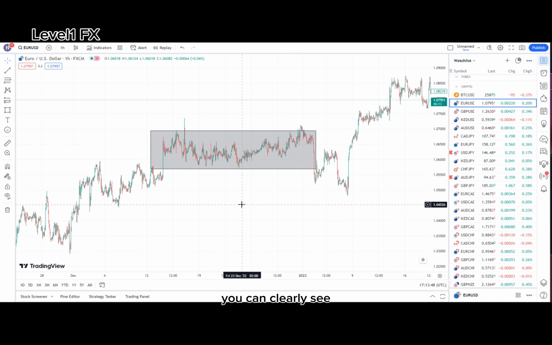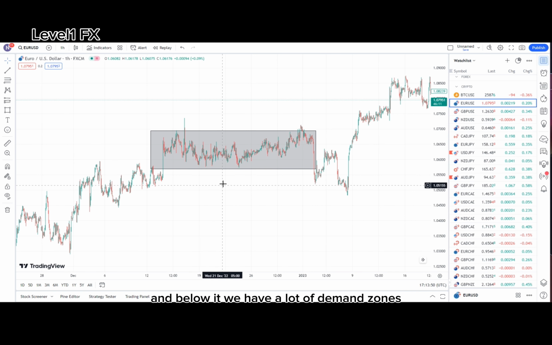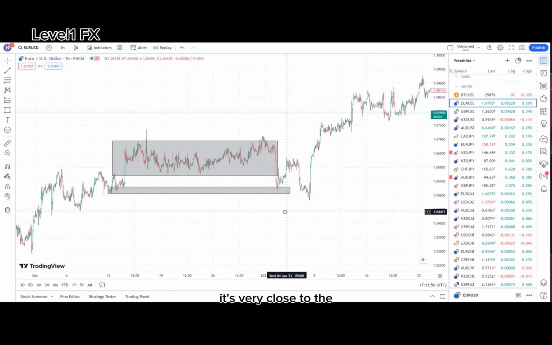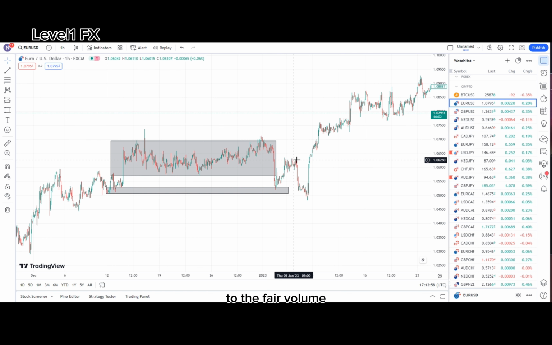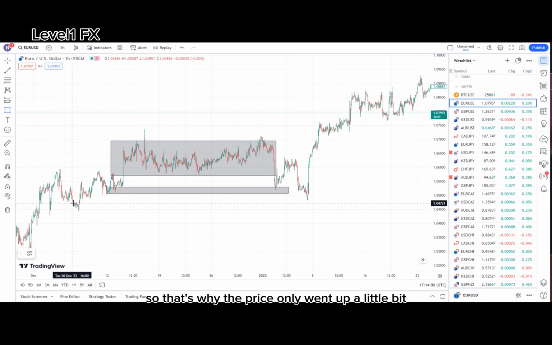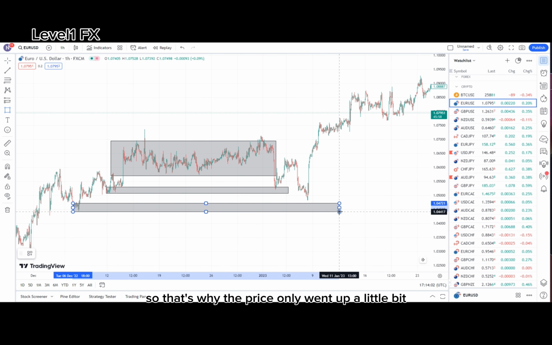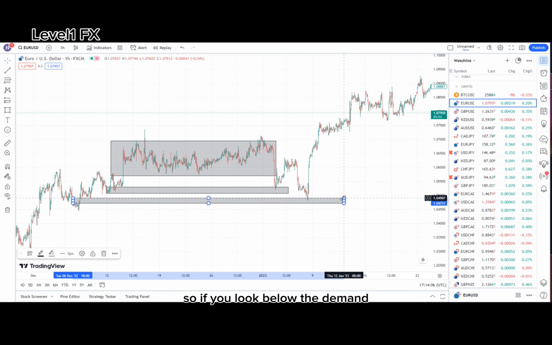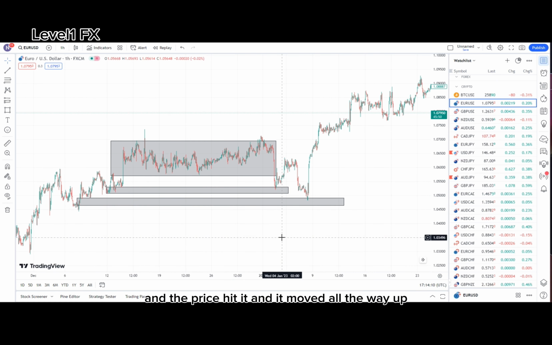Another example here: we have a fair value right there. You can clearly see it. And below it, we have a lot of demand zones. It's very close to the fair value, so that's why the price only went up a little bit and acted like a magnet. If you look below that demand, we have another demand zone, and the price hit it and moved all the way up.